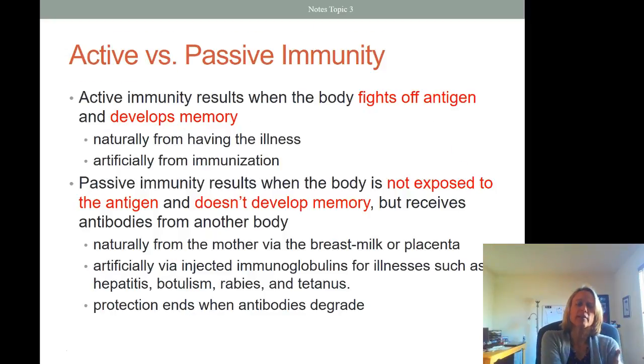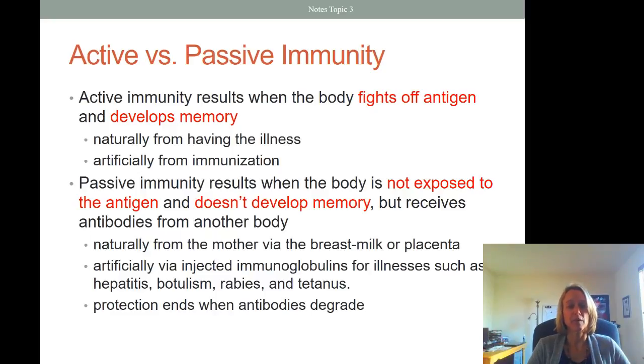Okay, let's talk about active and passive immunity. So active immunity results when the body fights off an antigen, and then it develops memory. With active immunity, you have to be exposed to the antigen. You can acquire this naturally from having the illness, or artificially from being vaccinated. Passive immunity results when the body is not exposed to the antigen.